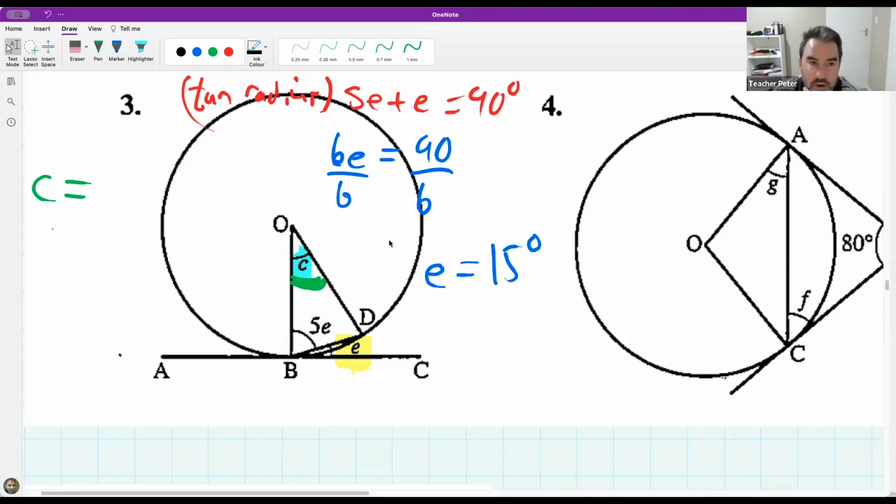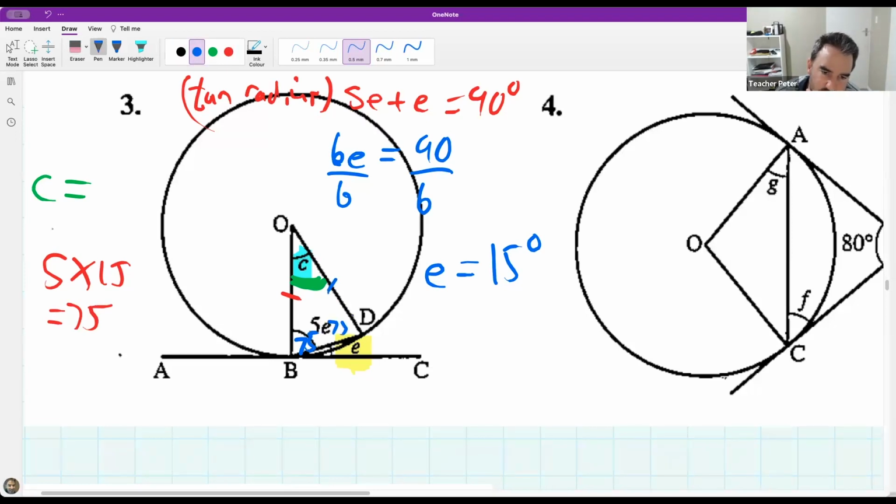Okay, we're running out of time here. So let me, oh, my pen just went off. Can everybody see the radii? Well, we know that 5E, so 5 times 15, is 75. So this angle down here is going to be 75.